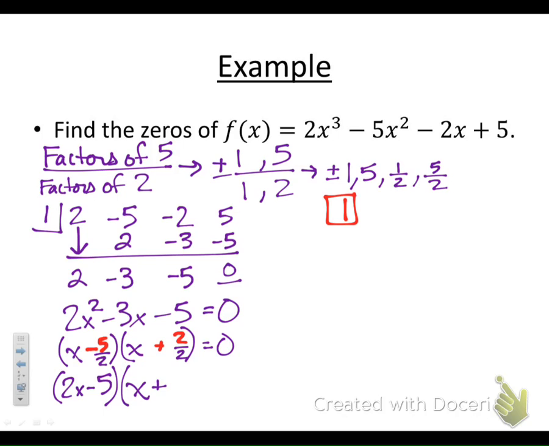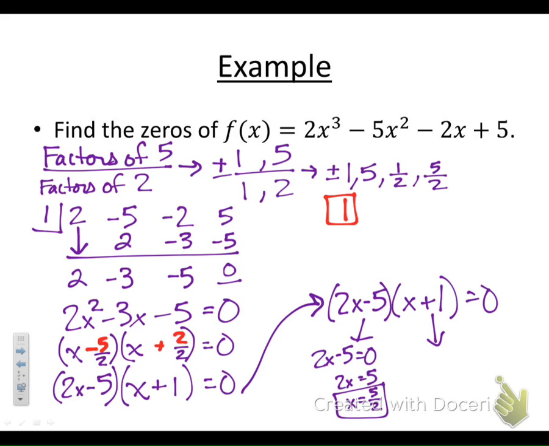It does not reduce to an integer. And I figure out what will make each of these 0. Negative 1 is one of my zeros. Notice, we got 5 halves, and notice how it is still in our pool of numbers. Same with negative 1. Negative 1 is still in our pool of numbers.